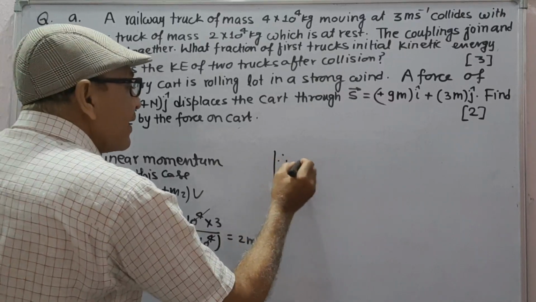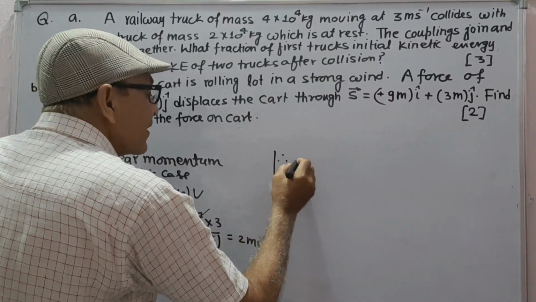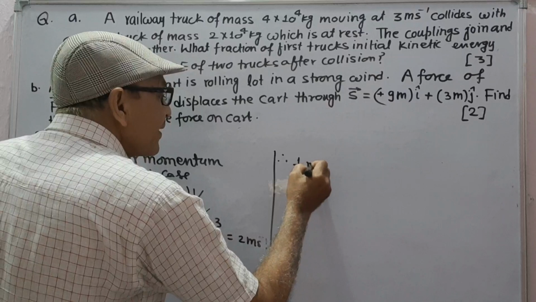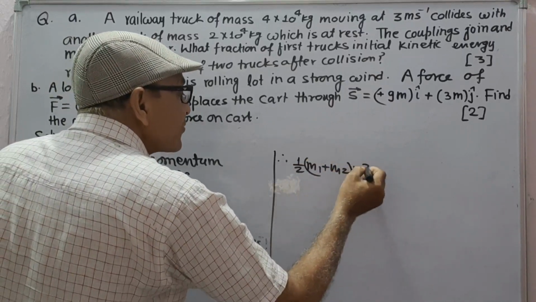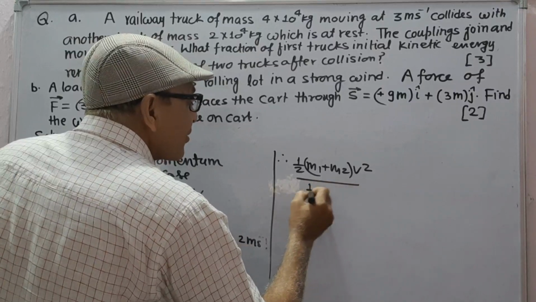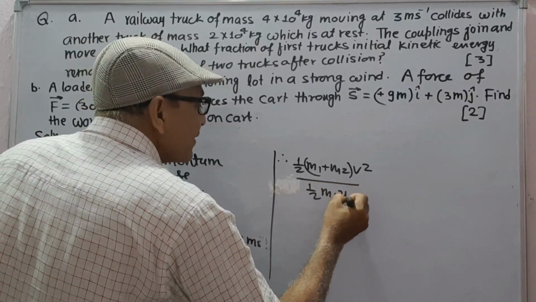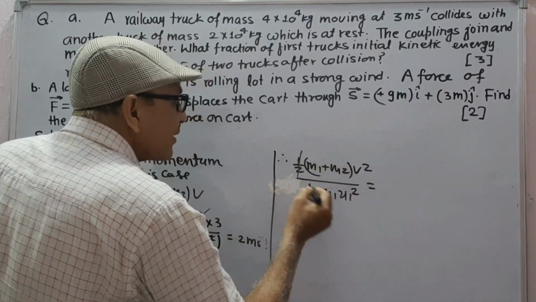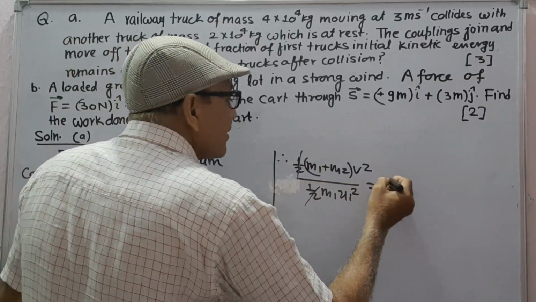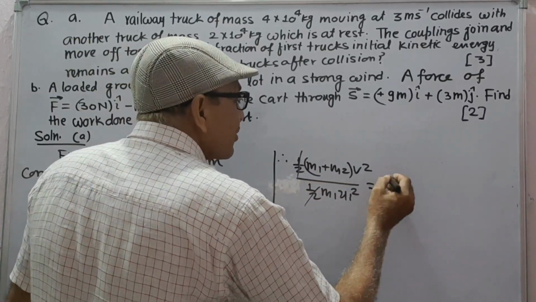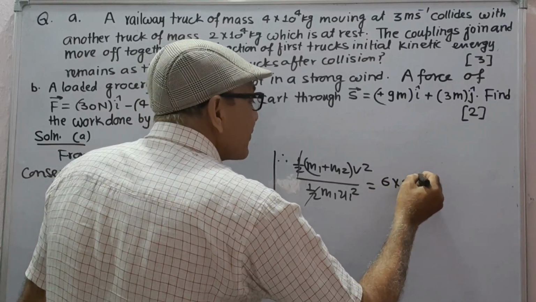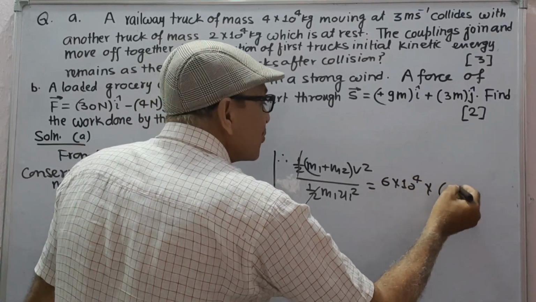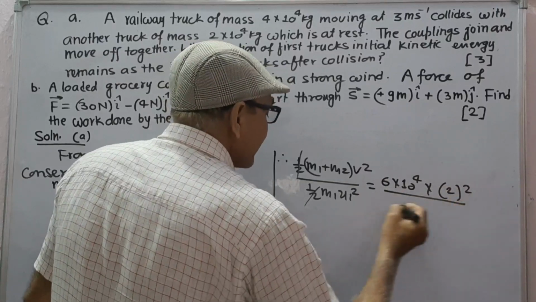Therefore, the desired ratio will be 1 by 2 (m1 plus m2) v squared upon 1 by 2 m1 u1 squared. Values are known. m1 plus m2 means 6 × 10^4, v is 2 squared.